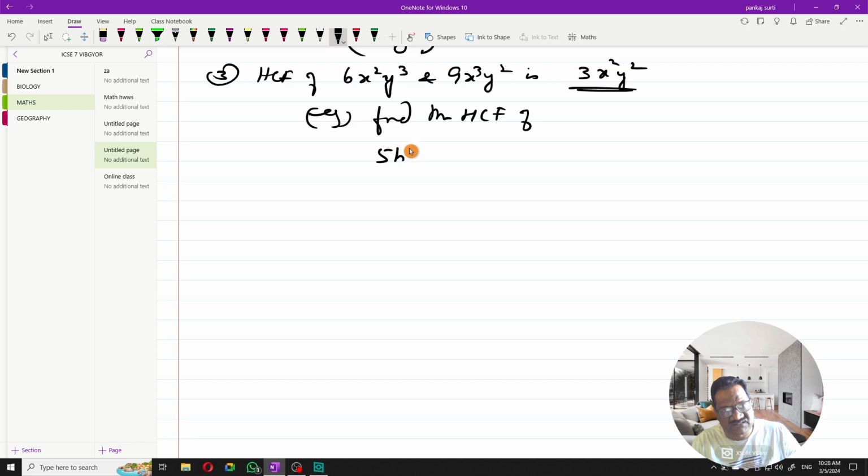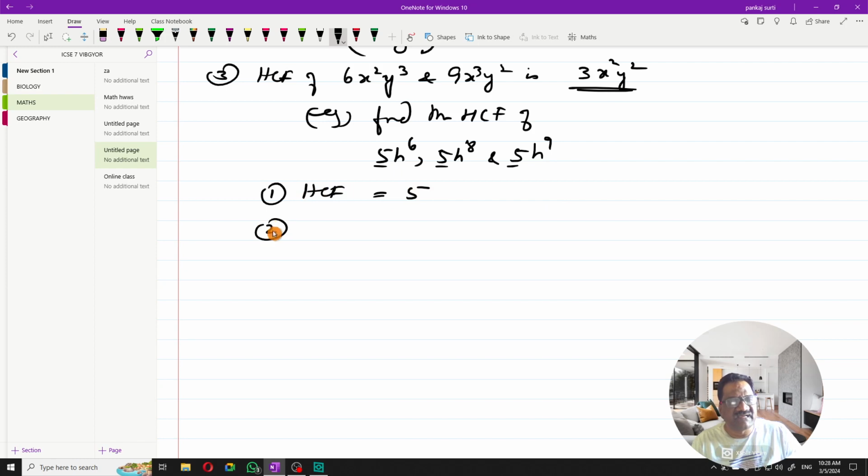So it is 5h raised to 6, 5h raised to 8, and 5h raised to 9. Again, going by step 1, you have to find the HCF of only the numericals. All three terms have 5, so the HCF will be 5.